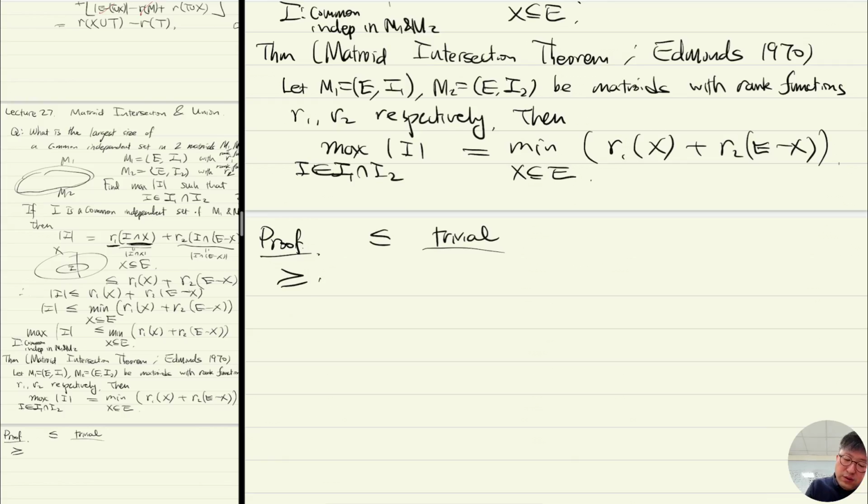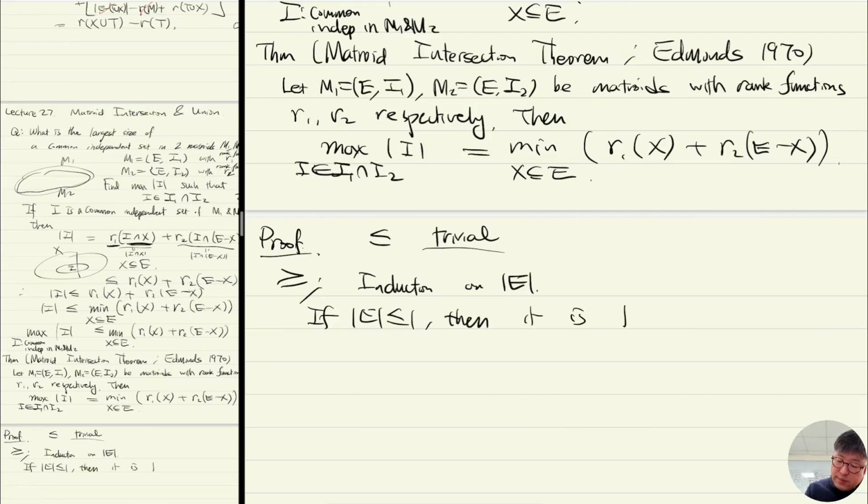Okay, so we do induction on the number of elements. If we have only zero or one element, then it's trivial. If you have zero elements, then the empty set is the largest common independent set, and the right hand side is zero.